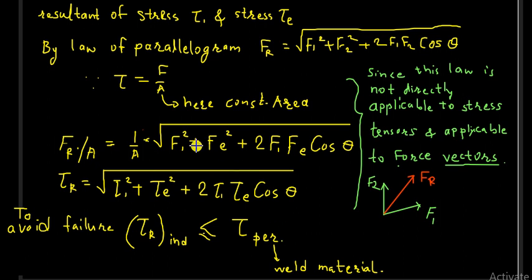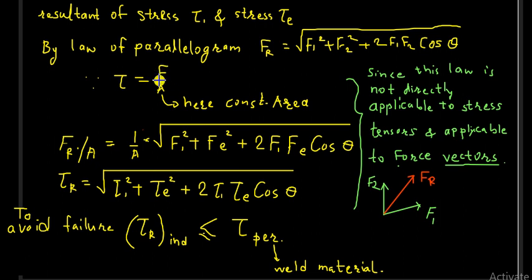But you know that shear stress is not a vector, and this parallelogram law is only applicable to vectors like force, so how will we find the resultant tau? You know that tau, that is shear stress, is nothing but force upon area.